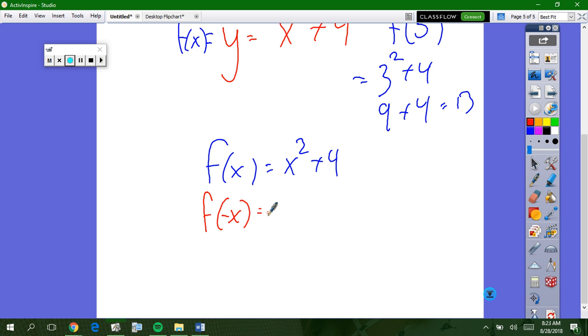Okay, so I replace that x with a negative x. And anytime I really replace something, I put parentheses around it, okay?